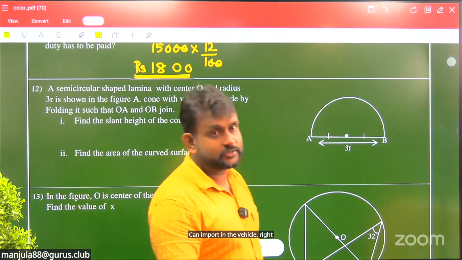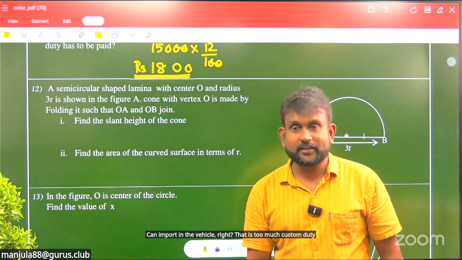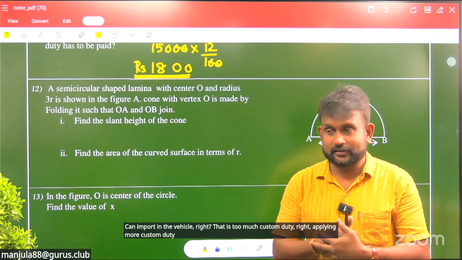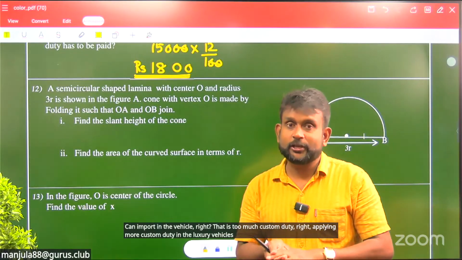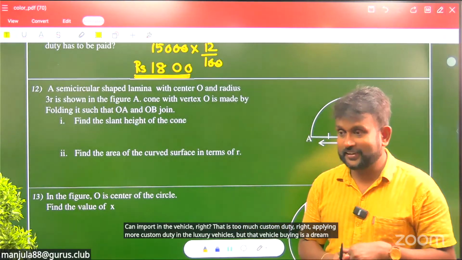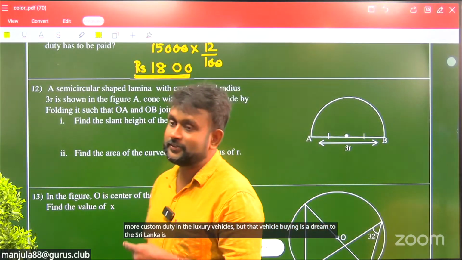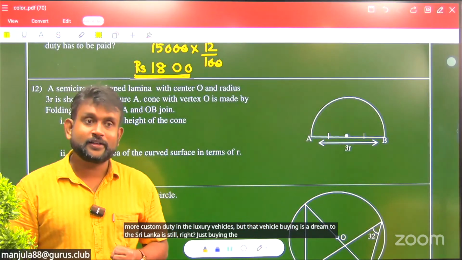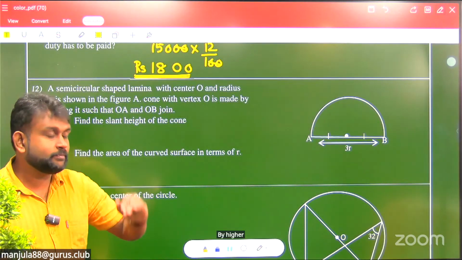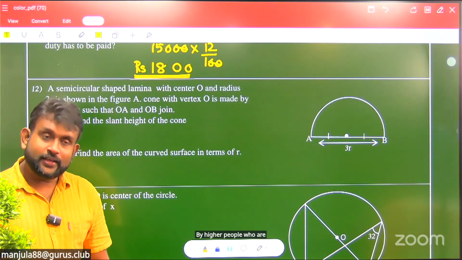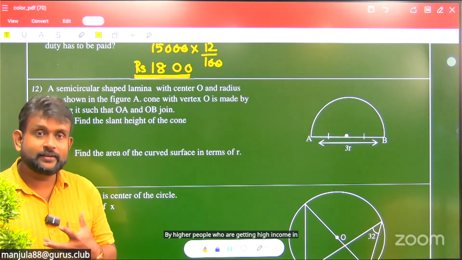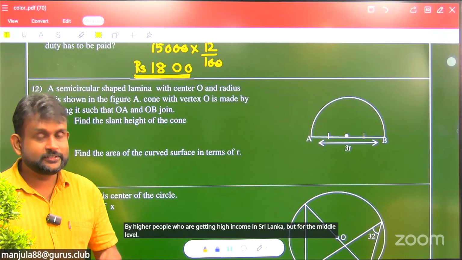That is too much custom duty, right? They apply more custom duty on luxury vehicles, but buying a vehicle is still a dream in Sri Lanka. Only higher level people with high income buy vehicles, but for middle level people it is still a dream.